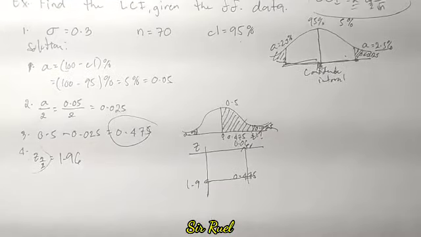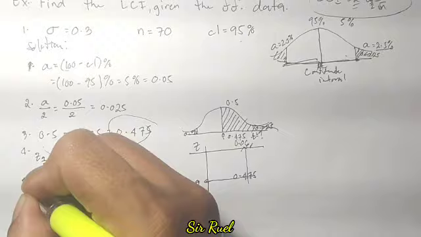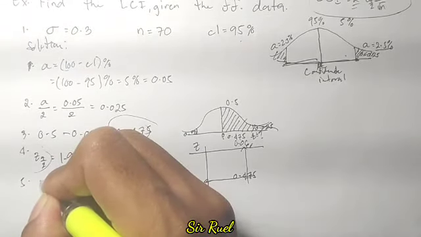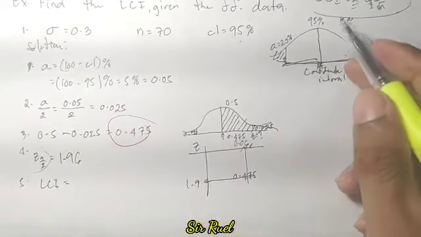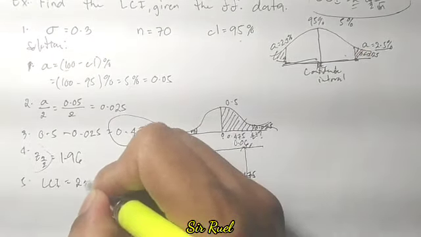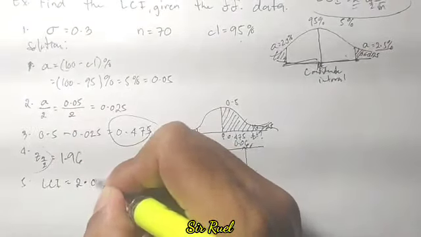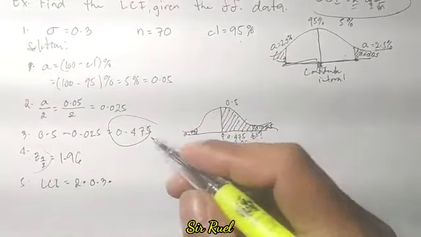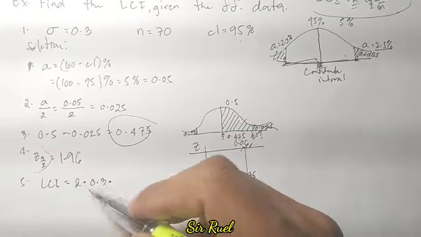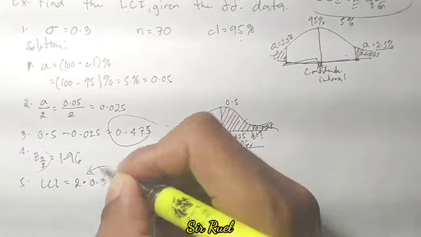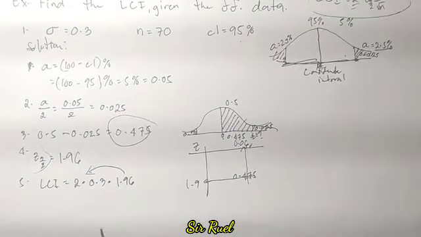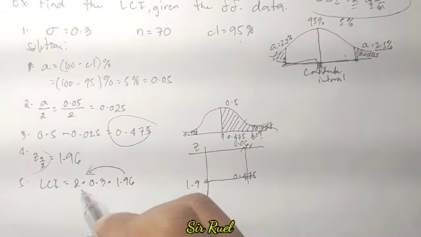Okay, the next thing we need to do is substitute into the formula. LCI is equal to 2 times, yung standard deviation natin is 0.3 times, ay mali, ito pala 1.96 dapat yung nauna. Pero anyway, commutative property, so pwede sila magkabaliktad.